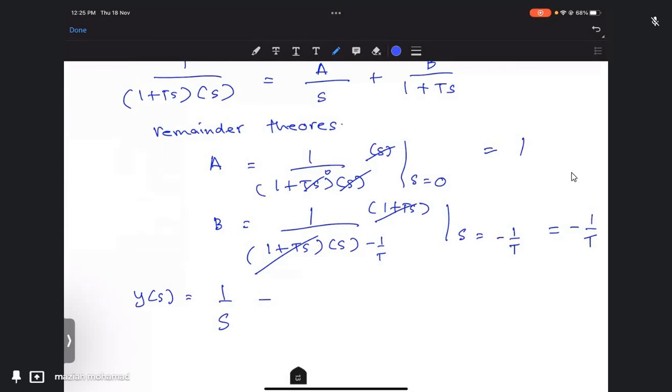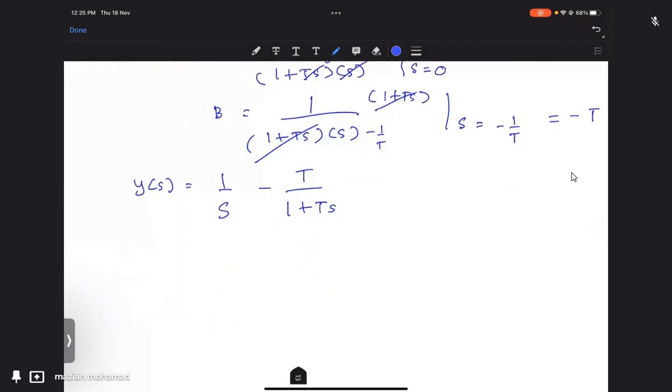Anyone can check for me? Negative T. Okay, so it is negative T, so it is equal to 1/s minus T over 1 plus Ts.